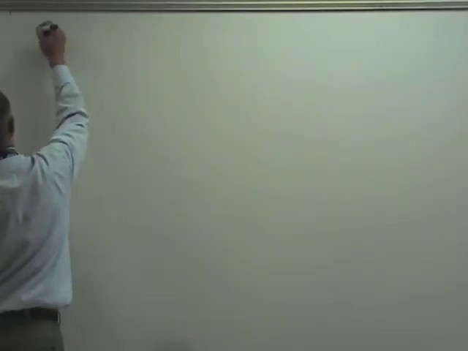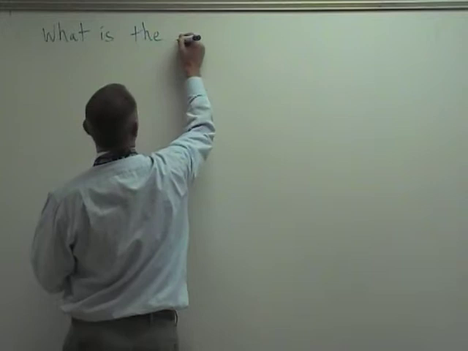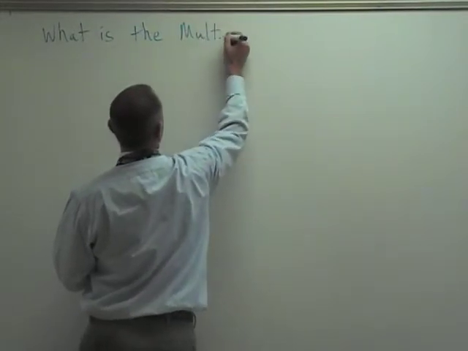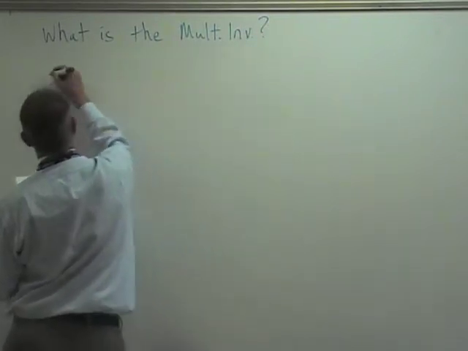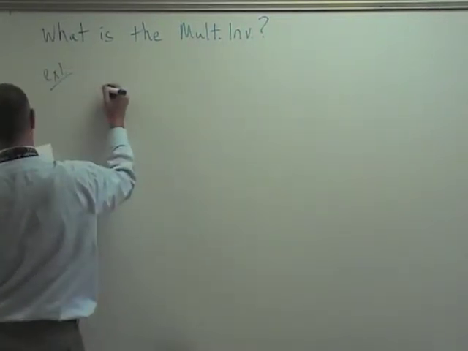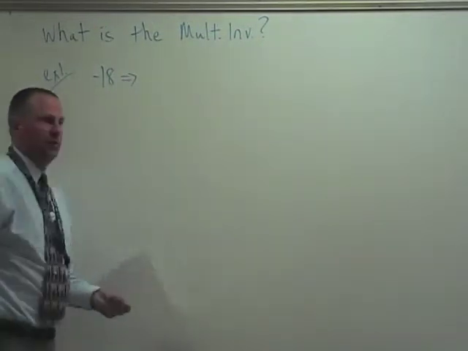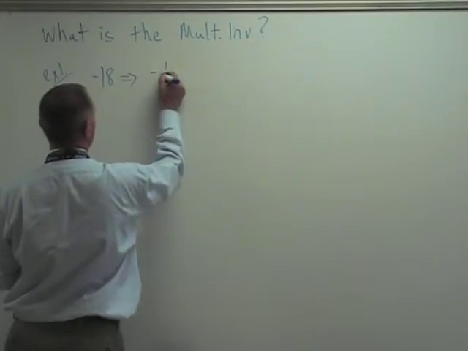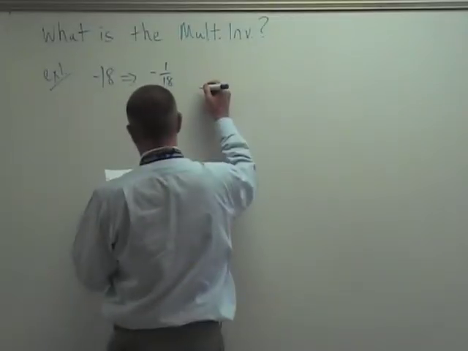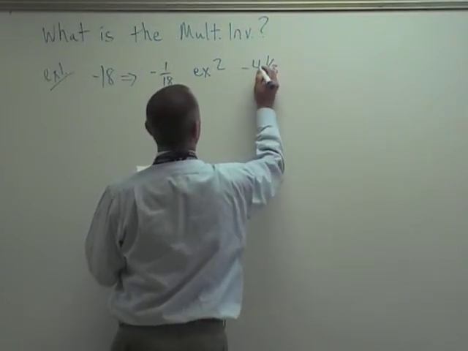This is example 1. What is the multiplicative inverse? Negative 18. What's the multiplicative inverse? Negative 1/18. That's right. Example 2. Negative 4 1/3.